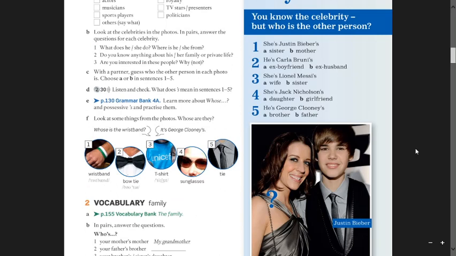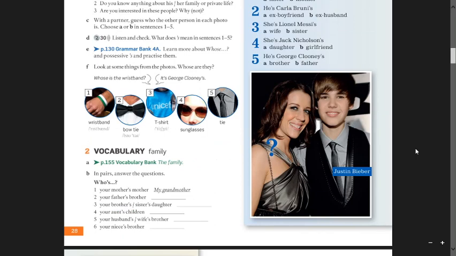Then in the vocabulary part, we're going to work with the family. So go to page 155 from the vocabulary bank. You have to look at the two family trees and number the people in relation to Richard.